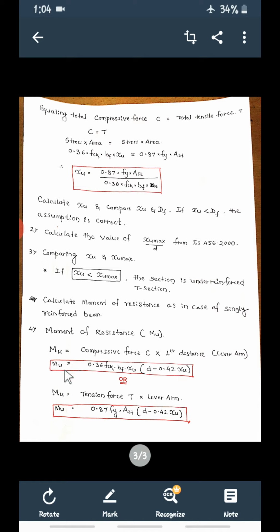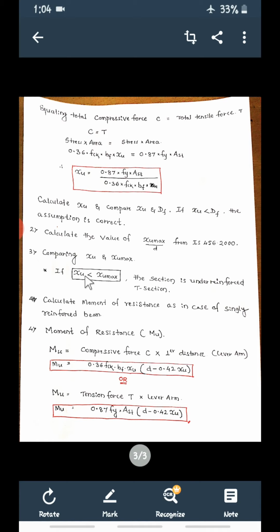From this you can get MU, the ultimate moment. Or if you want to use tension force T, what is T? Stress into area, that is 0.87 Fy into AST. This T into lever arm, which remains the same, D minus 0.42 XU, gives MU.